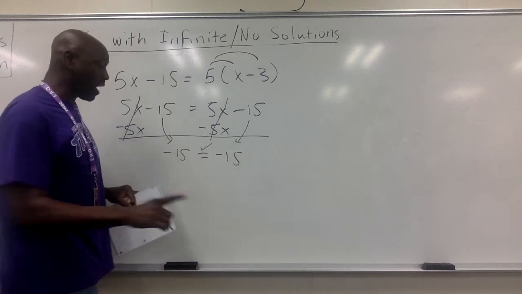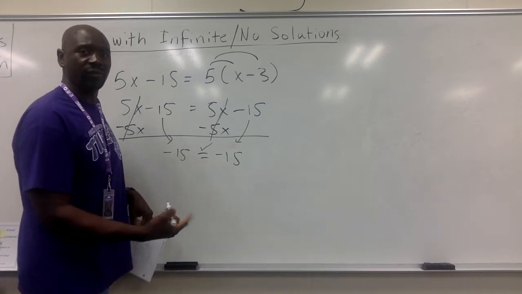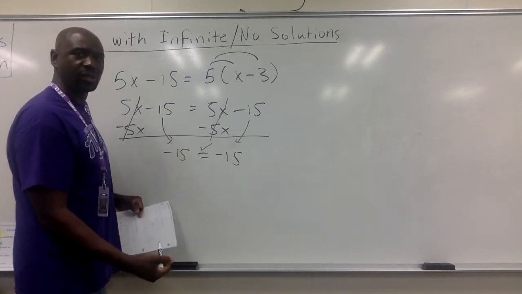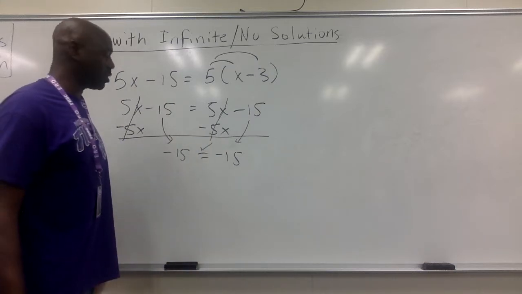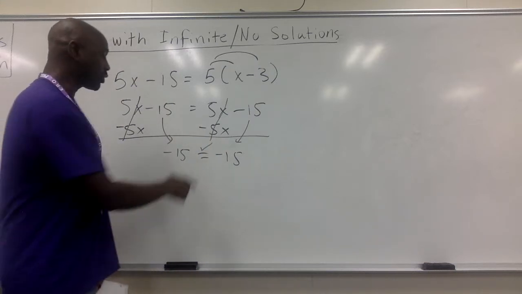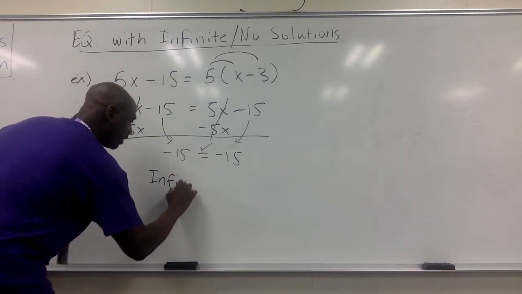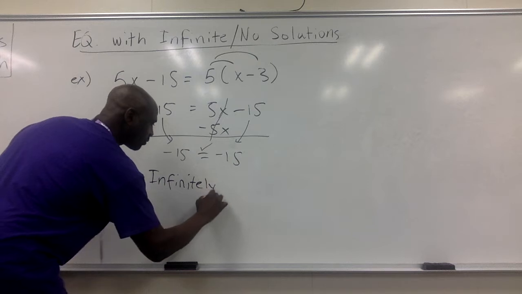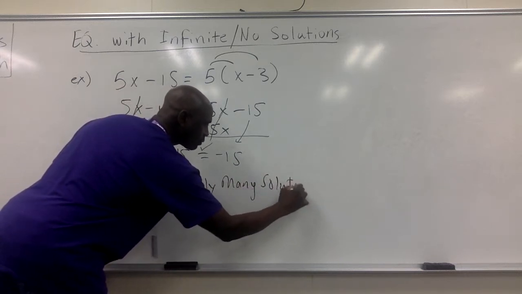That means I don't have just one solution. So you can't just say that x is equal to negative 15 just because you see negative 15 twice. X can be equal to 7, it can be equal to negative 500, it can be anything, and you'll still get a true statement. Because of that, your answers will be infinitely many solutions.